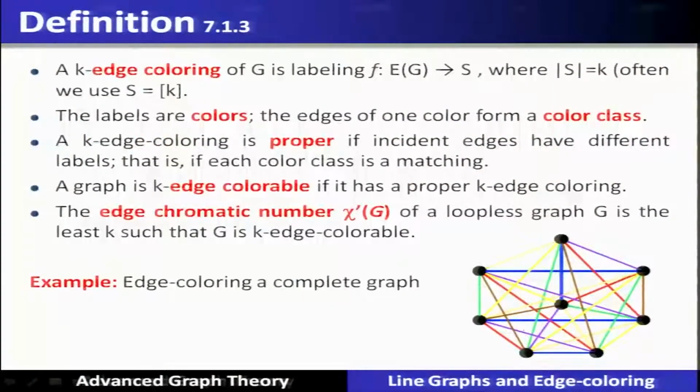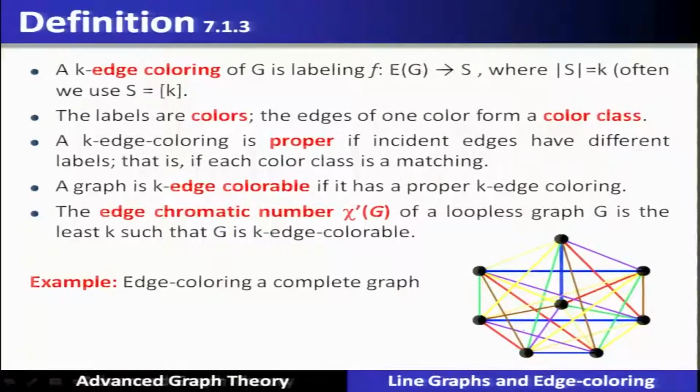Therefore, let us see the definition. A k edge coloring of a graph is the labeling of the edges with the color set S, where the cardinality of S is k. That means applying k different colors, we are placing the colors on these edges, and k edge coloring is nothing but that particular labeling or a function.